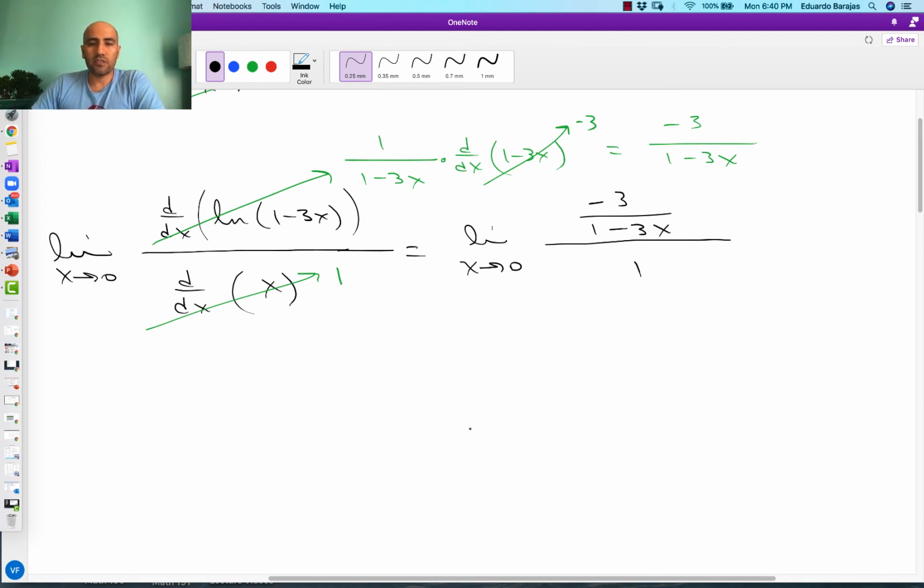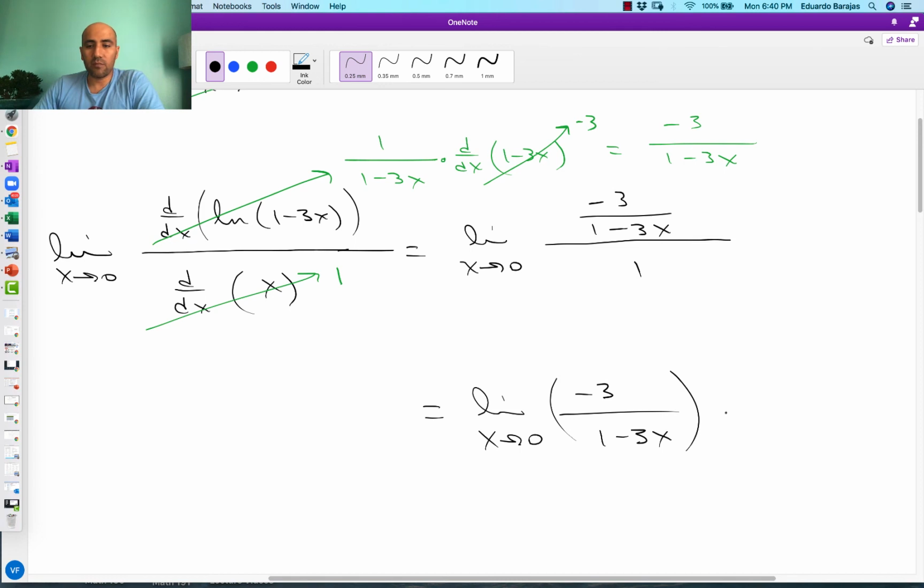Okay, well then this just simplifies to give me the limit as x approaches 0 of negative 3 over 1 minus 3x. This is a rational function, and we know that rational functions can just be evaluated at the index of the limit as long as that limit exists and it isn't 0 in the denominator, which it won't be in this case.